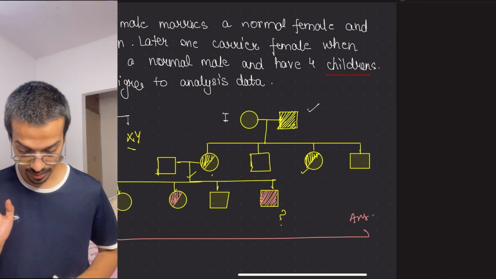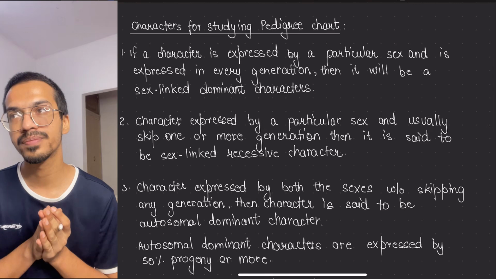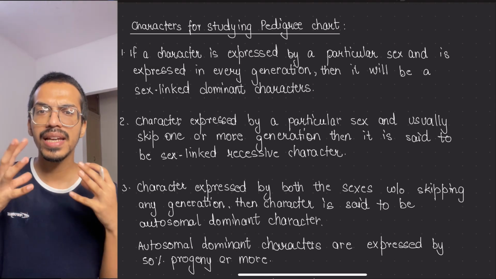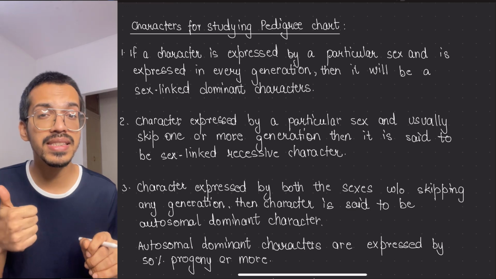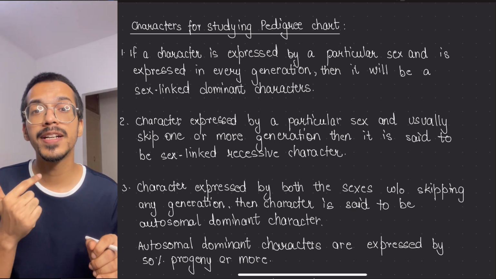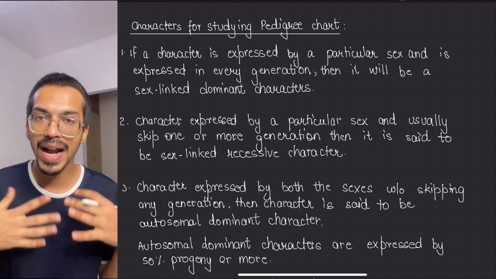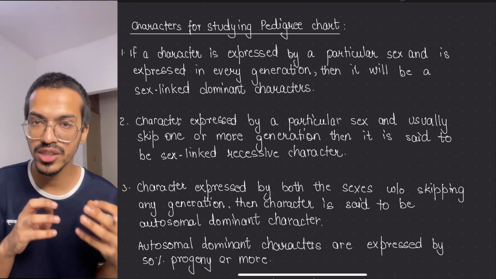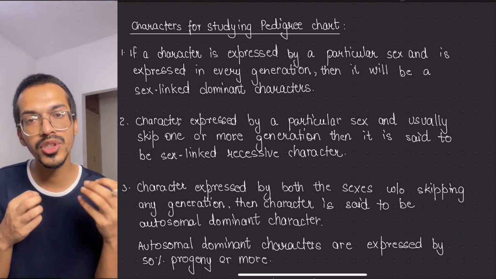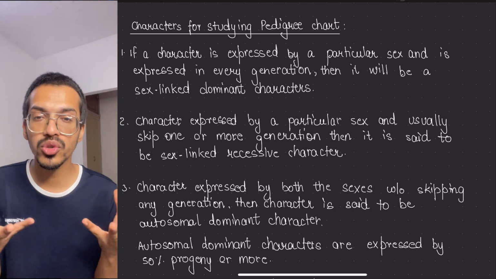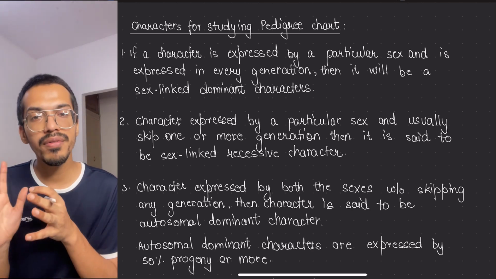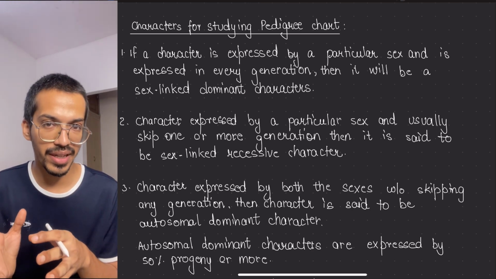Now before you try anything, with the help of a pedigree, you can tell whether the disease is sex-linked or autosomal. Autosomal means the genes for somatic cells, other than the sex chromosomes, are affected, or whether the X and Y chromosomes are affected.